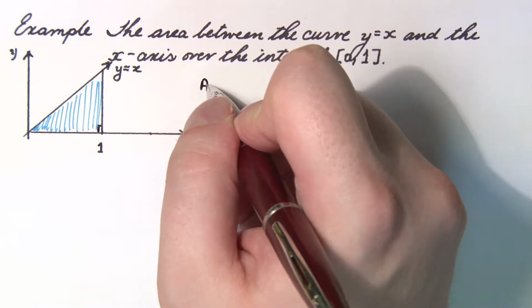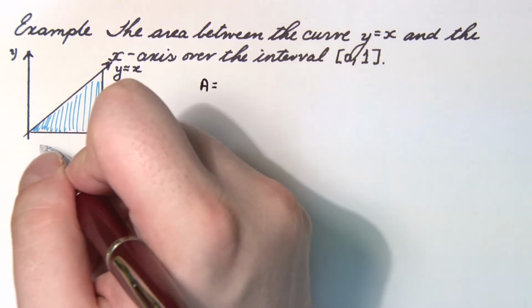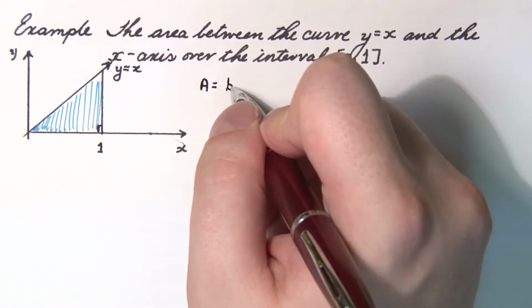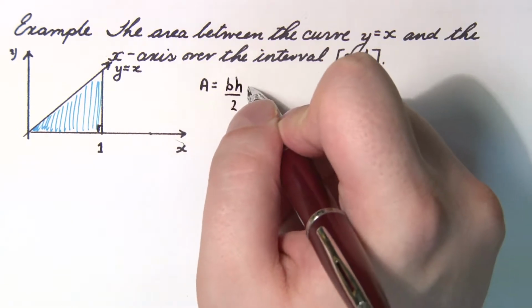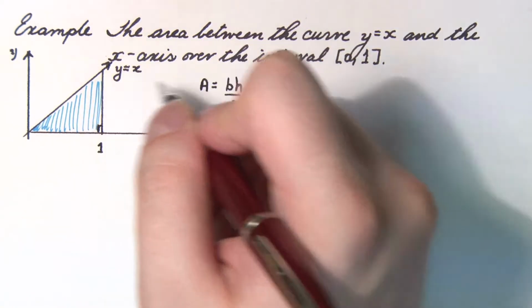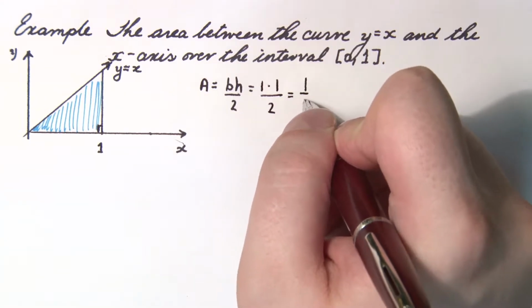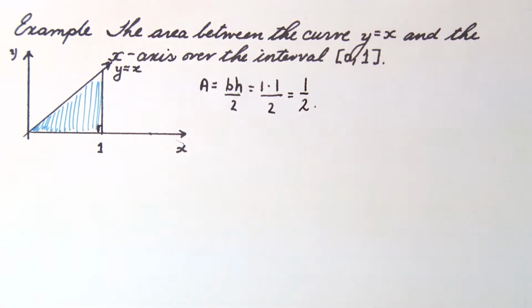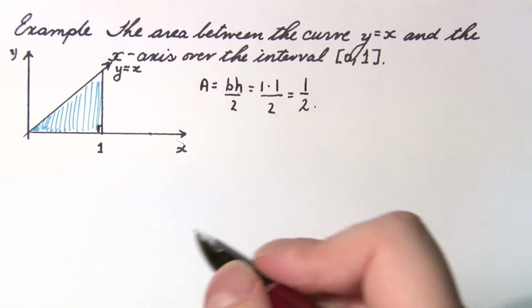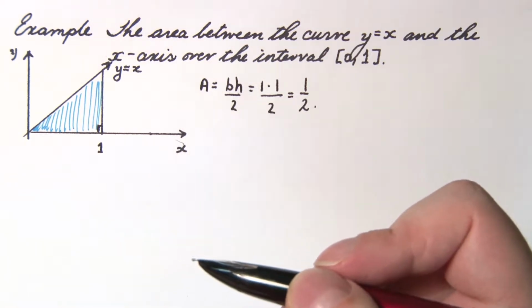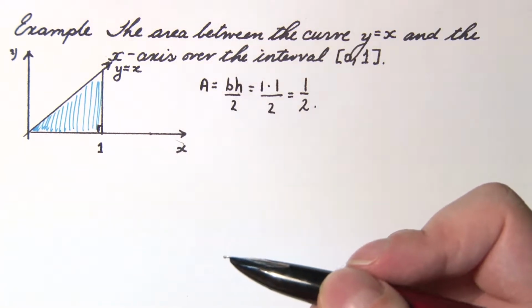So we have the area, so there's the base times the height divided by 2. So in this case, it's 1 times 1 divided by 2 is 1/2. That sounds very interesting. You might be saying, so why do we need calculus?